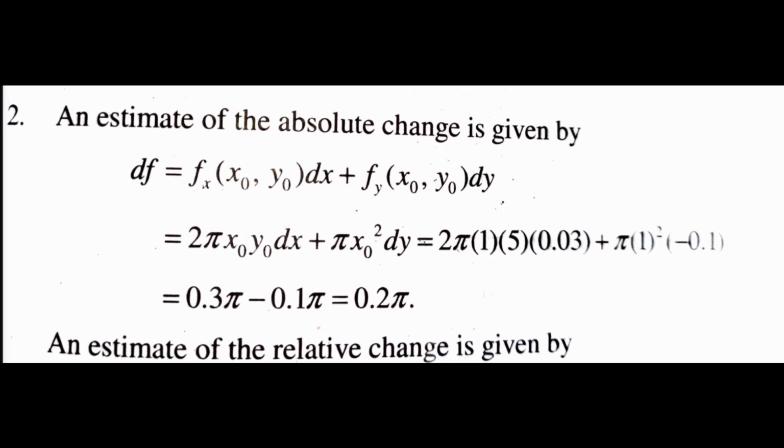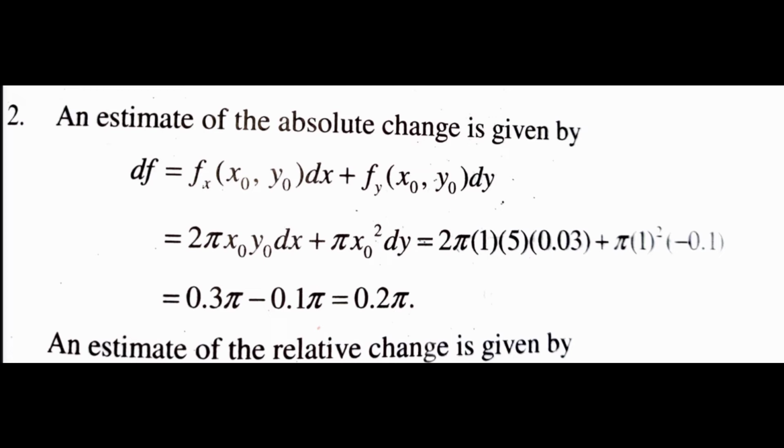That is equal to 2 pi x0 y0 dx plus pi x0 square dy, that is equal to 2 pi into 1 into 5 into 0.03 plus pi into 1 square into minus 0.1, that is equal to 0.3 pi minus 0.1 pi, that is equal to 0.2 pi.